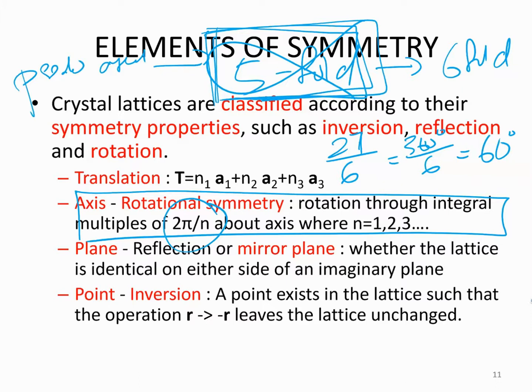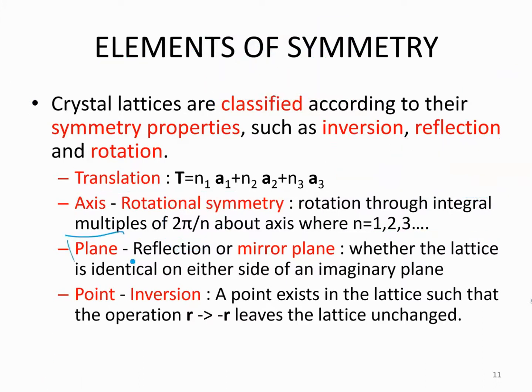Okay, so next I'll proceed to the plane. Plane is rather simple compared with the rotation. Plane basically just means the mirror plane, or reflection: whether the lattice is identical on either side of an imaginary plane. Let's say this is one mirror plane.